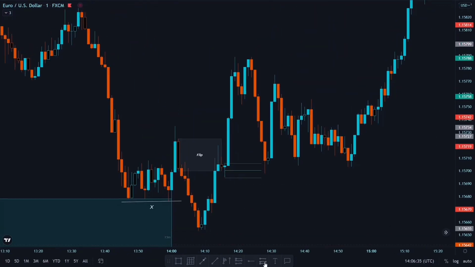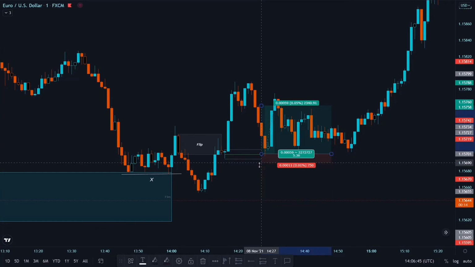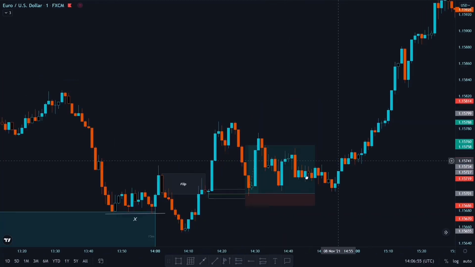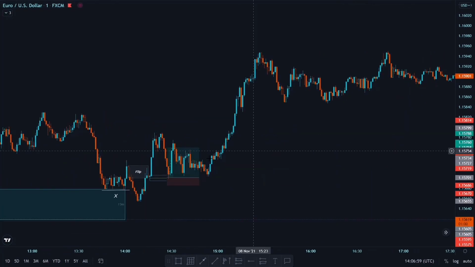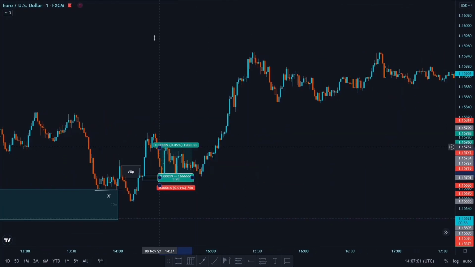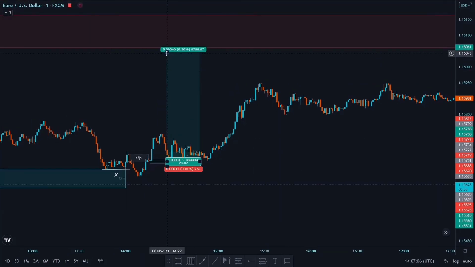I have my buy limit here with a stop loss of 0.8 pips, gave it some breathing room, and I have a 1.5 pips stop loss here, and again I target my initial target, the 4 hour supply zone here.